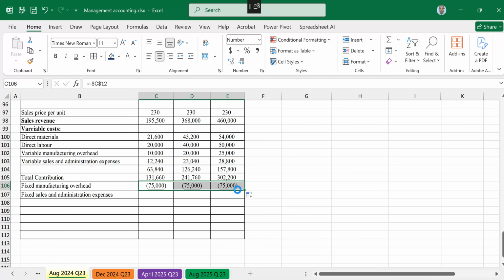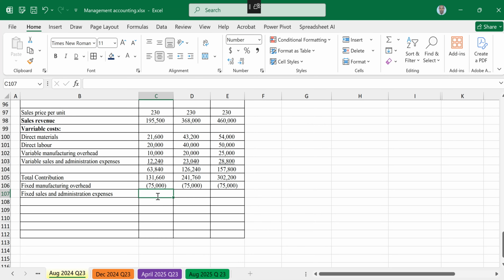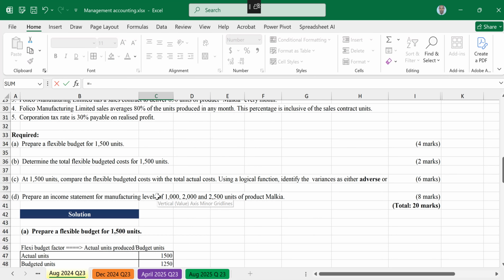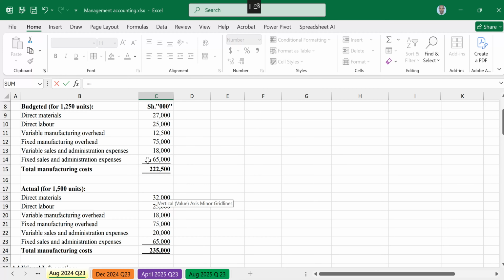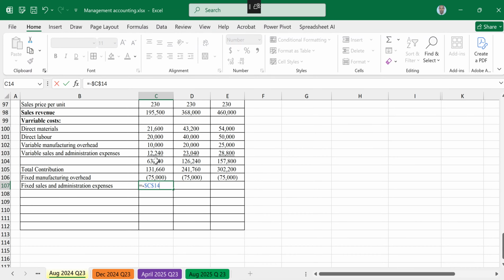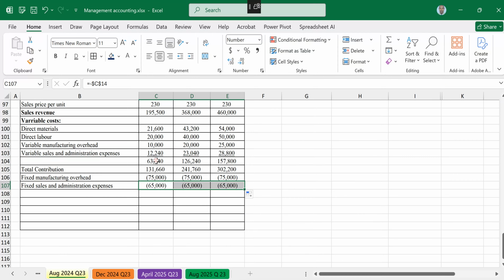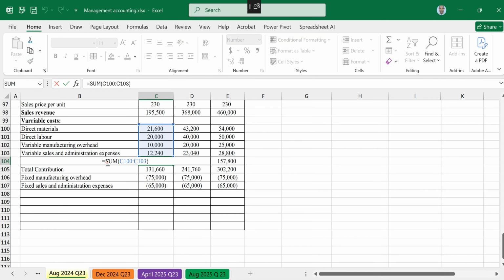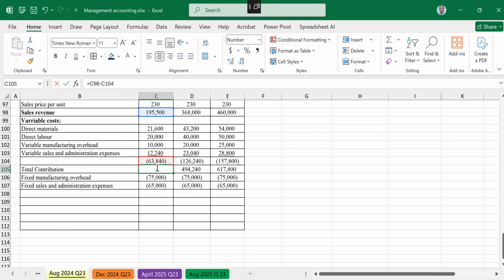The other one was fixed, as equal sign negative. The last one was fixed at 65. Lock that. Then drag across. Believe this should also be negative, so equal sign negative, so that it gives us a negative figure. Then now this will be summation. You simply add those two to get the same answer. The answer is the same though.